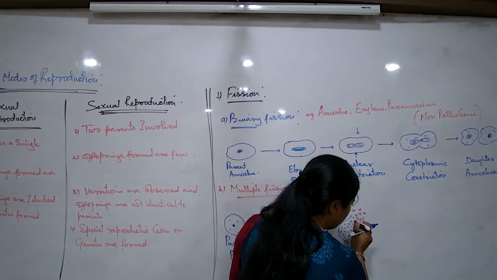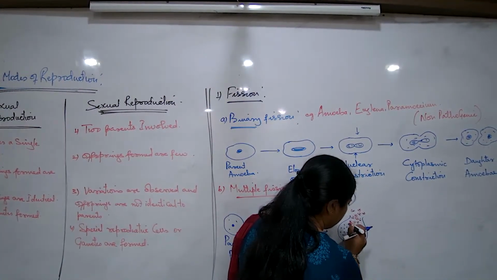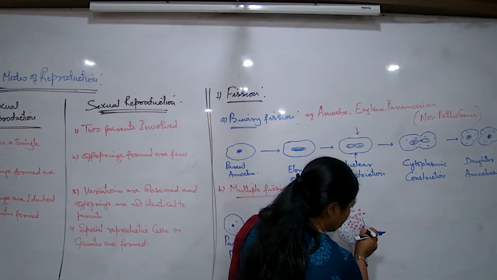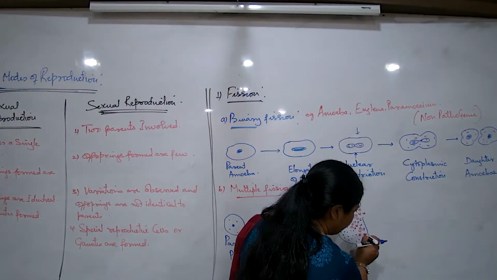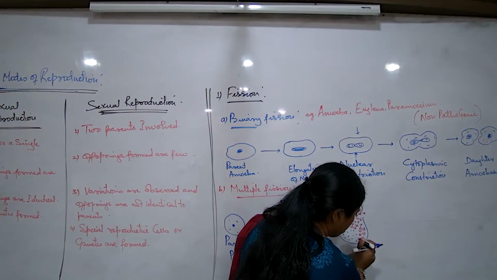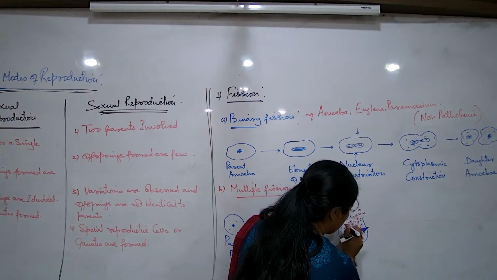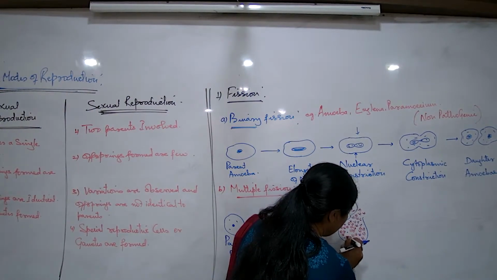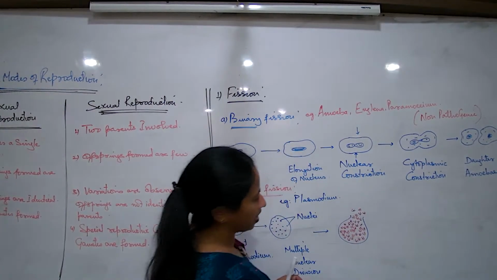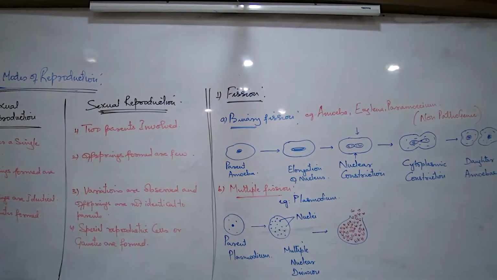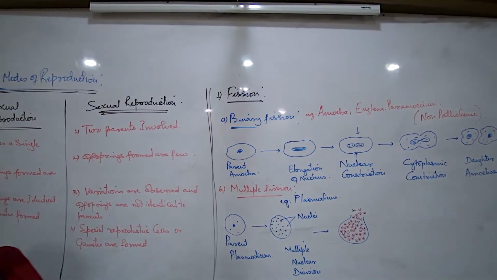So the cytoplasm division is also different from binary fission. It is not very simple. The cytoplasm wraps around the nuclear region, resulting in the formation of a large number of daughter nuclei.